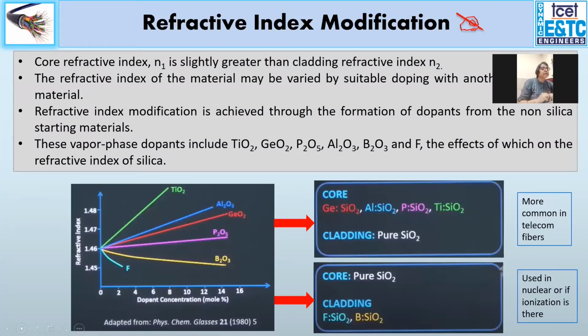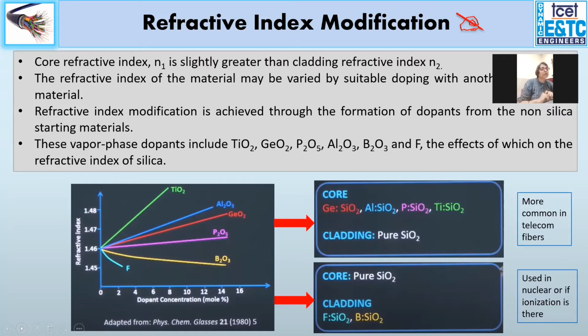Then comes the question, how do we get the different refractive index profiles? It is by doping, adding dopants to the silicon glass, the pure silicon glass that you are using. The impurities that we add to the core or the cladding are germanium, aluminum, phosphorus, titanium, and also these glasses, that is titanium oxide, germanium oxide.